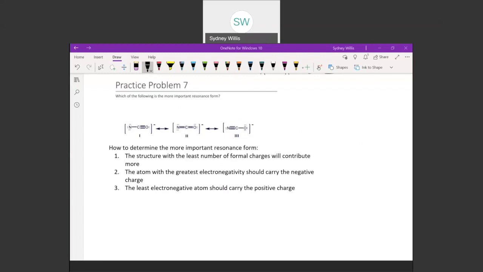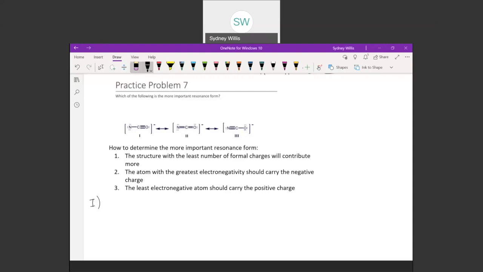Additionally, you want your least electronegative atom to carry any positive charges there might be. So in this case, the least electronegative atom is carbon. So if there is a positive charge, it should be on the carbon atom. So now we'll go ahead and look at structure 1.